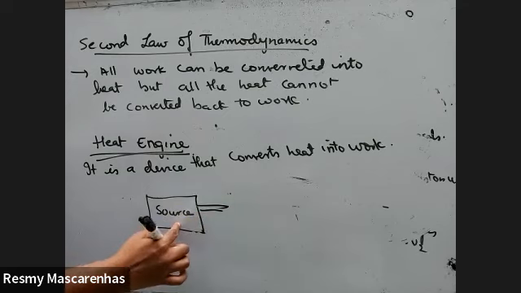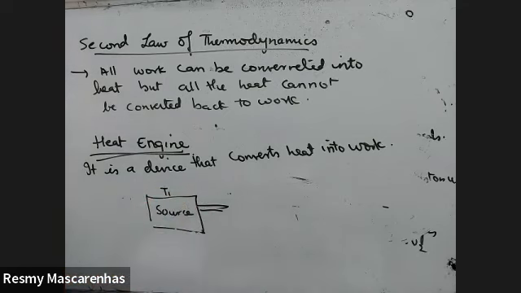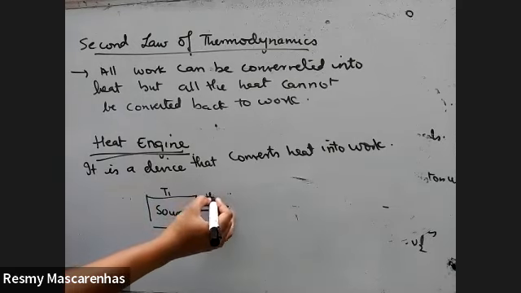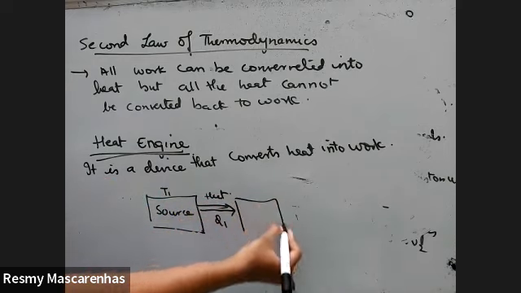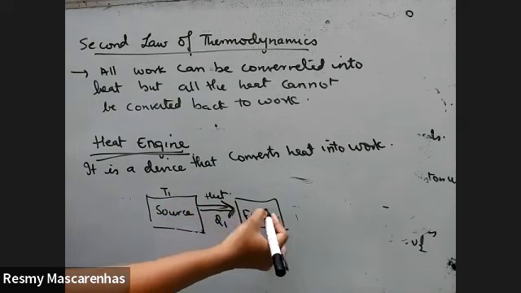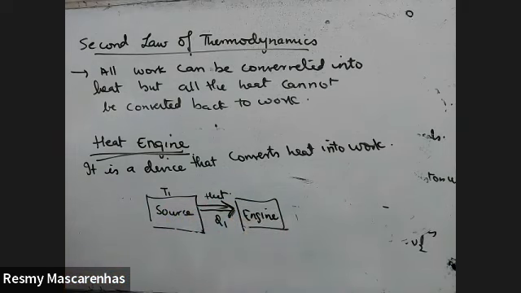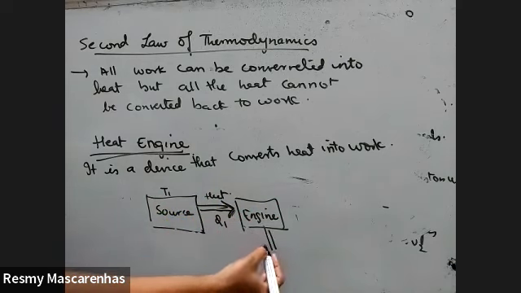If the source is generating the heat, consider it is at some temperature T1. Now it is giving out heat, so that will be Q1. So that will go to your engine. Now the engine will do some work.